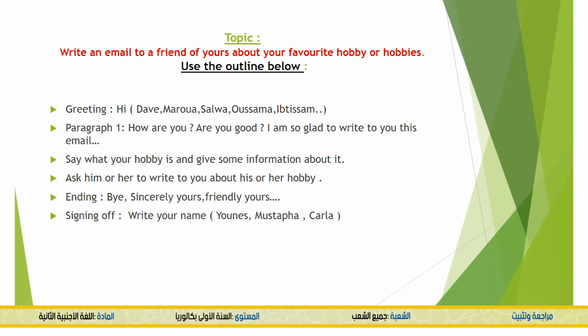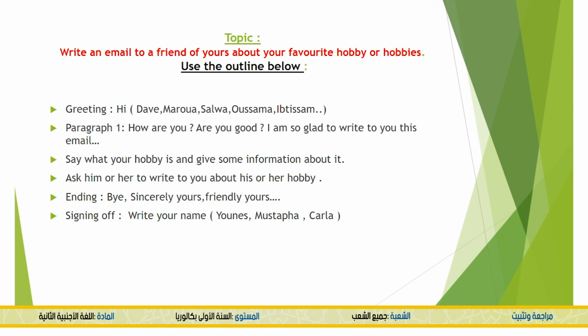Say what your hobby is and give some information about it. For example, I'm very glad to write to you this email in order to tell you about my hobby. My hobby is, etc. And you talk about it. You describe it. You tell him when you practice that hobby. Is it an outdoor hobby? Is it an indoor hobby? Right?